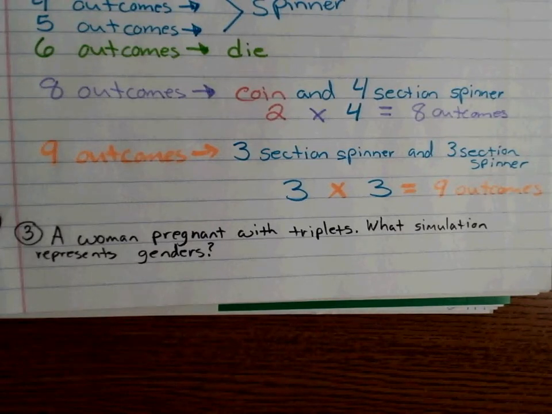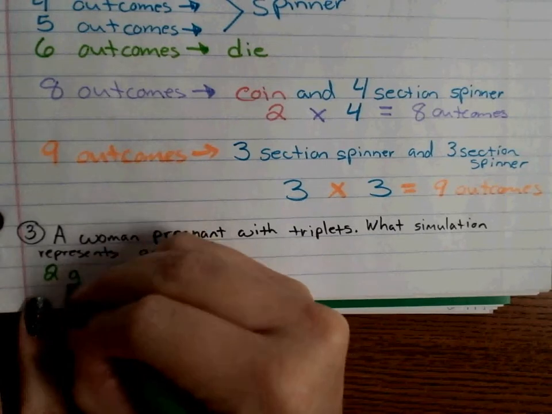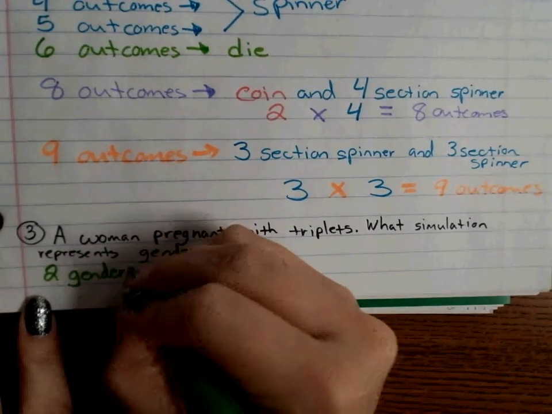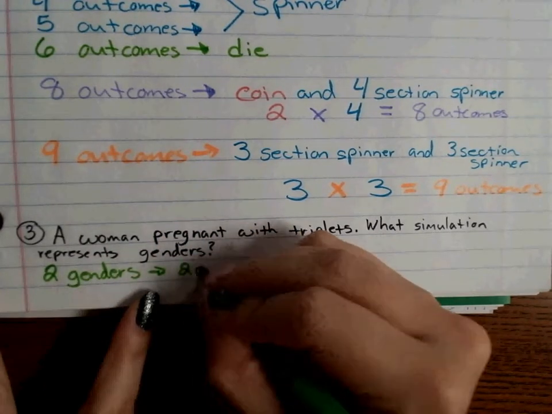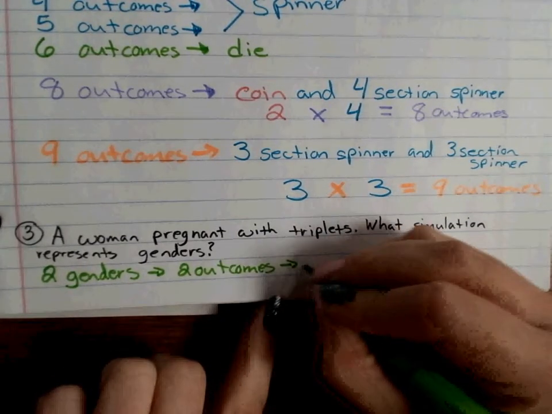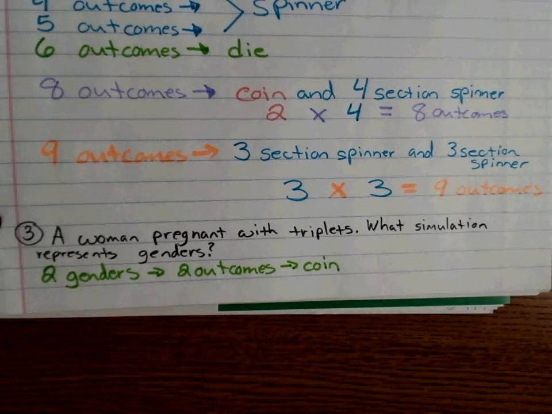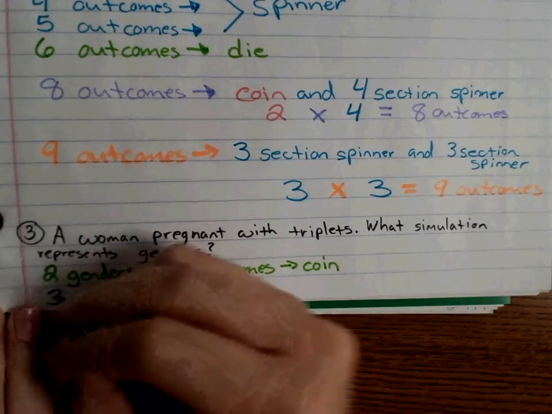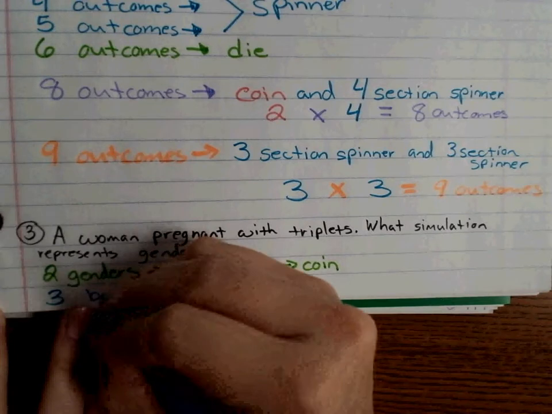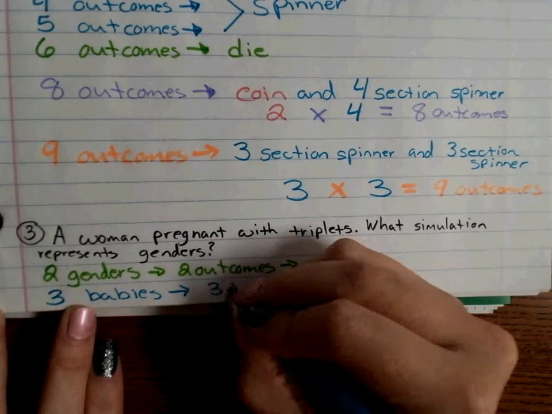Let's go ahead and write that down. 2 genders represents the 2 outcomes. So that means we're going to be using a coin. Three babies, 3 trials.